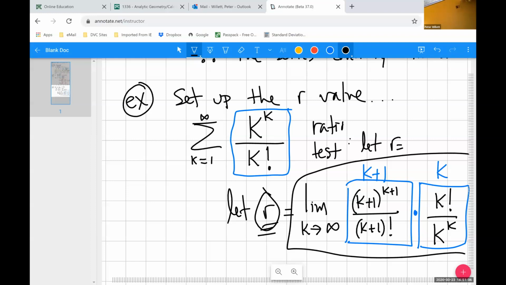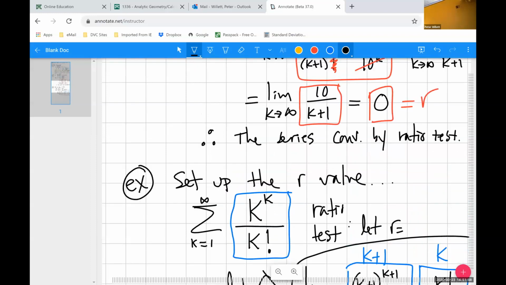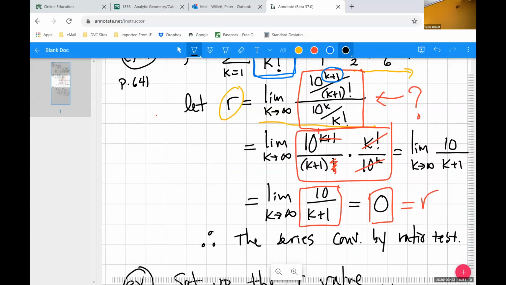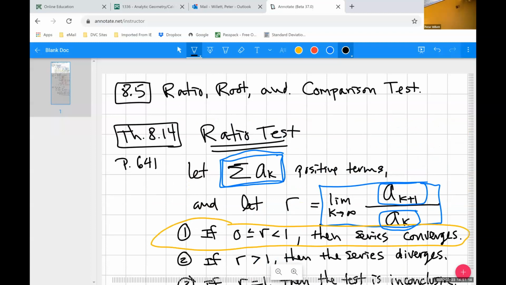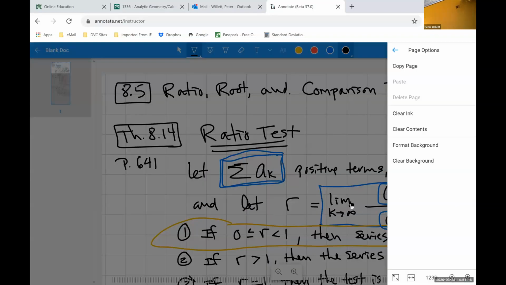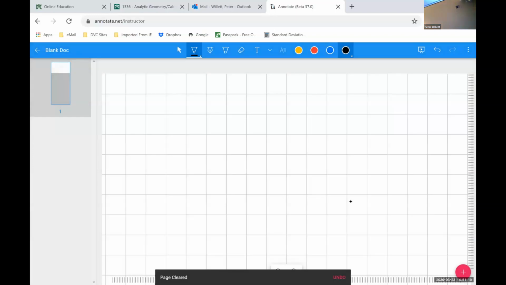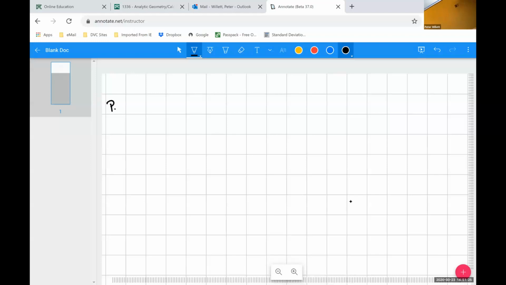So I'm now going to get rid of all this so we can look at our next test. So then on the bottom of page 642, we're going to have Theorem 8.15, which is the root test.